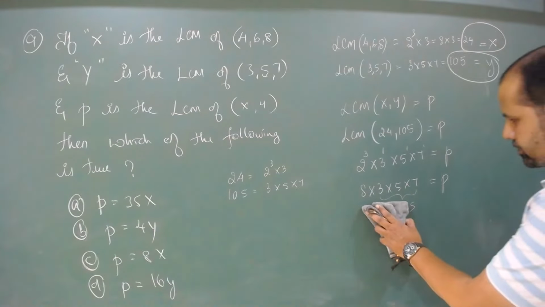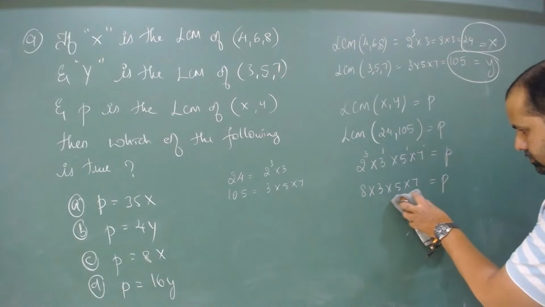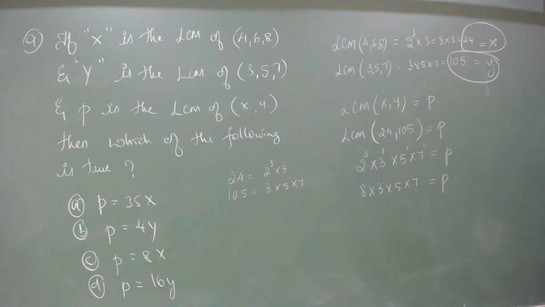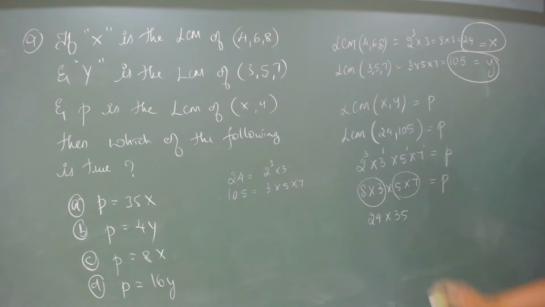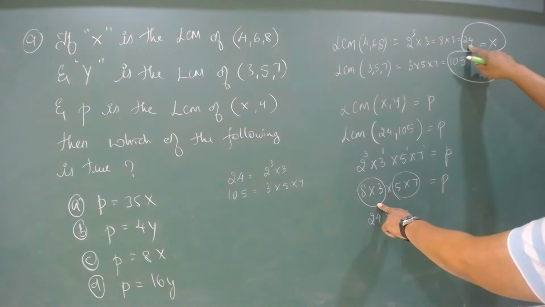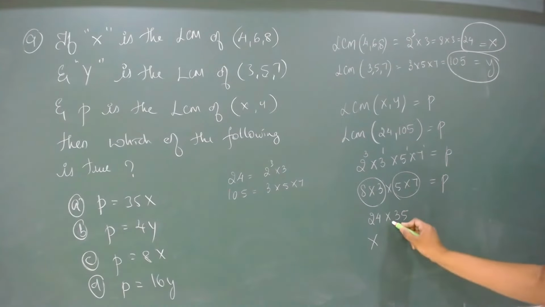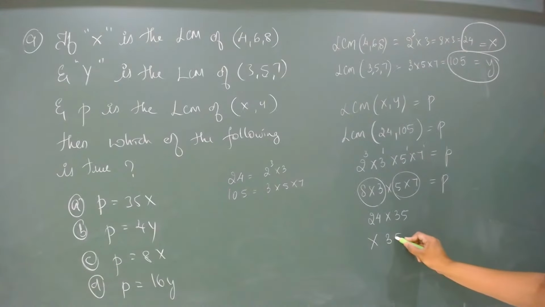Let us try to mismatch the numbers here. 7 5s are 35, 8 3s are 24. Let me just mismatch the numbers. 24 into 35, 24 here is x, into 35.